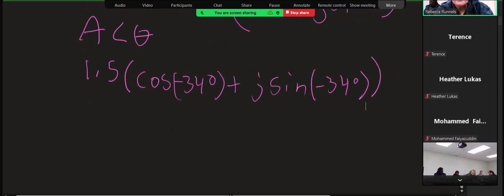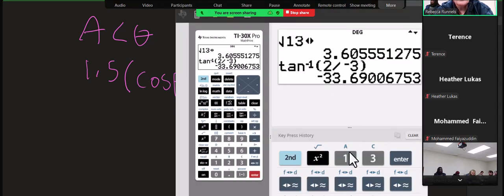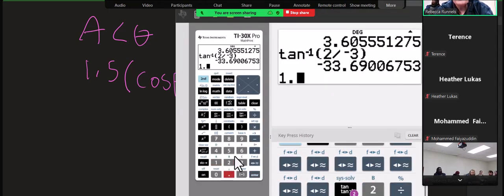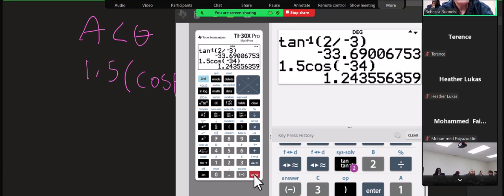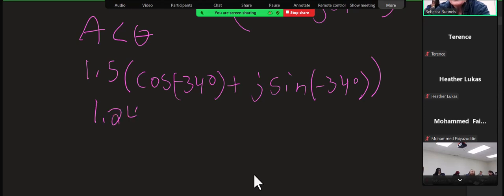And then 1.5 cosine negative 34 is 1.24, plus j, well, this is going to be minus.